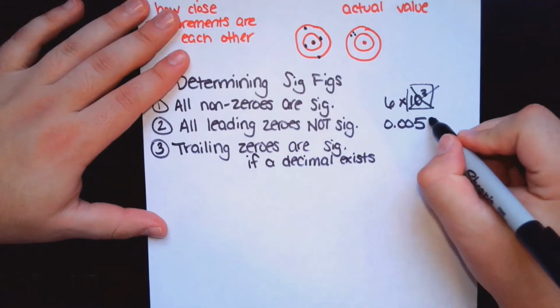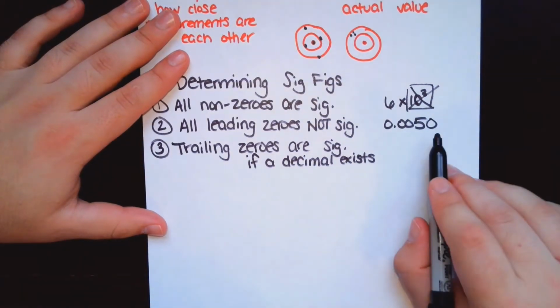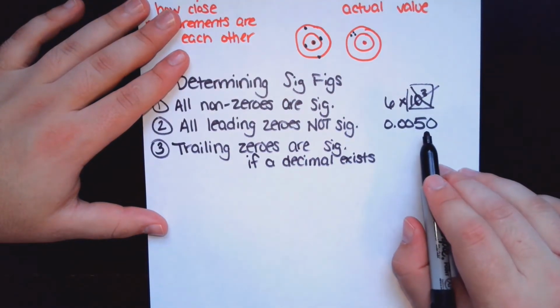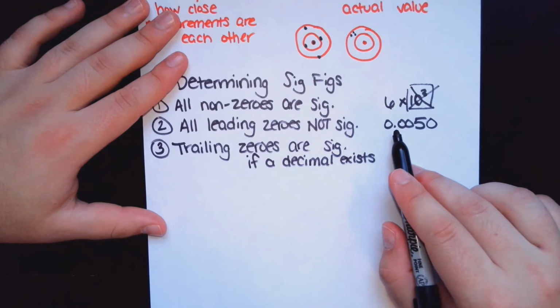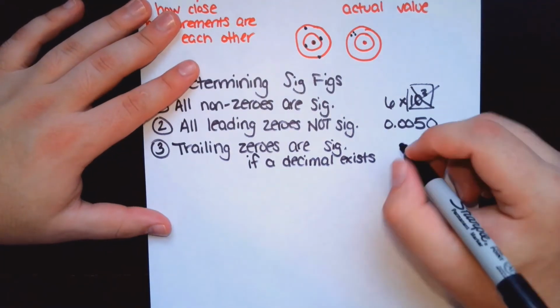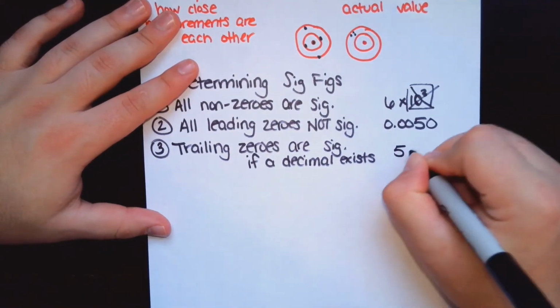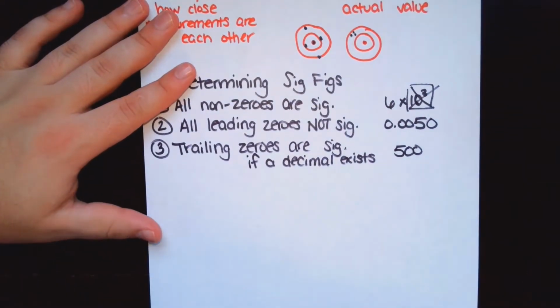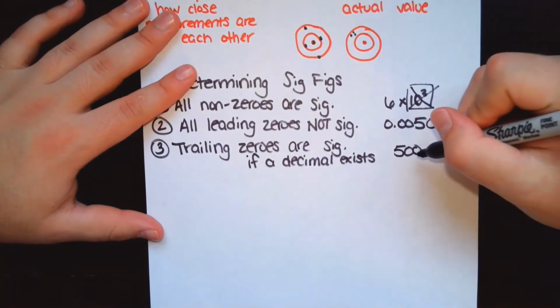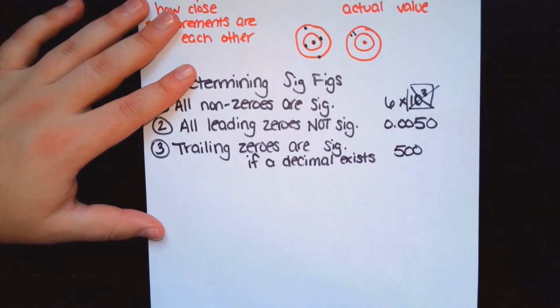So of course if I threw a 0 on there, that's a trailing 0 because it's after your last non-zero number. So that is significant because this decimal is seen right there. But let's say we have 500 written like this. If you do not see a decimal on the paper, those trailing zeros are not significant.